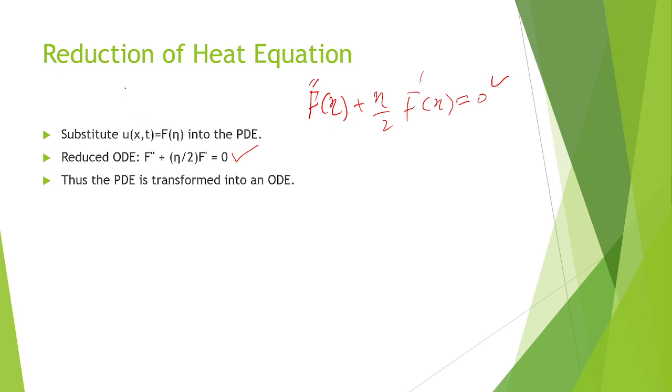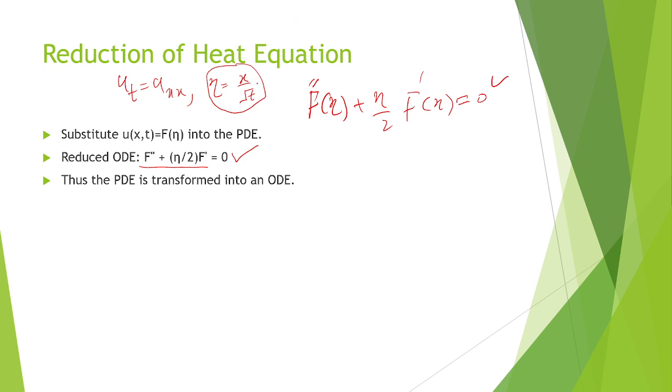If we take the heat equation to be u_t equal to u_xx, then this equation is converted into an ODE of this type by using the transformation eta, which is equal to x over under root t. So using this variable, this comes from the generator.